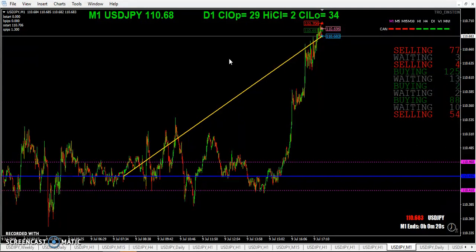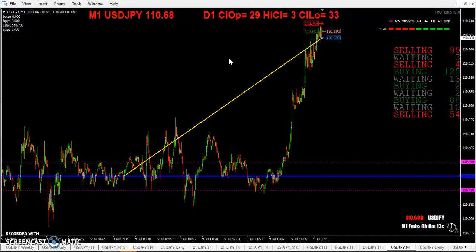So are they necessary? No, they're really not necessary, but they just make things a little bit easier. It's kind of like this candle color multimeter indicator that I made over a decade ago. Is it necessary?